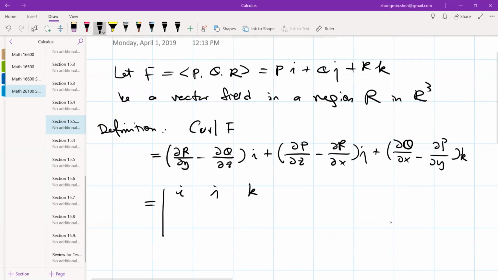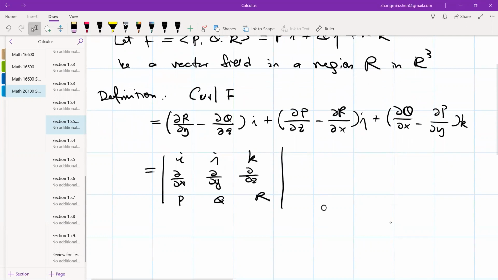This is just a determinant: partial derivative with respect to X, partial derivative with respect to Y, partial derivative with respect to Z, and then P, Q, R. Okay, so that's much easier to memorize. Then if you want to find the curl, you can expand this determinant along the first row, then you get the above formula.